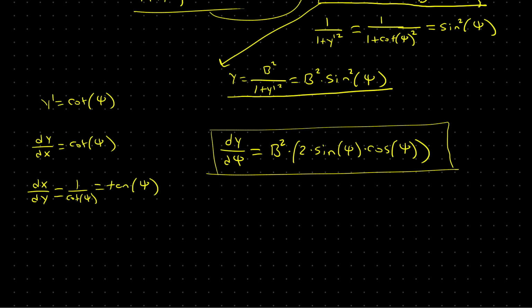And if we use this relationship, this then means that dx d psi is going to be equal to just 2b squared times sine squared of psi.